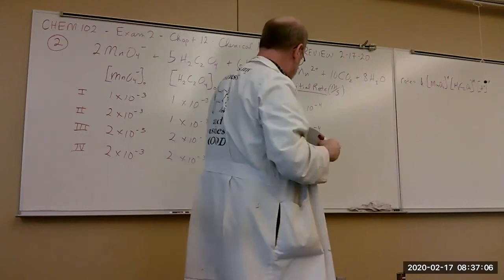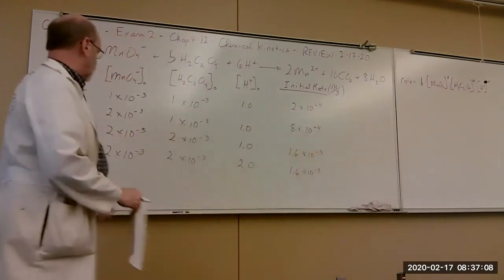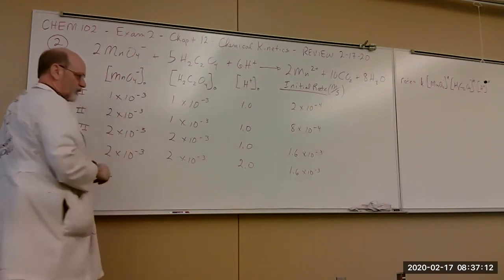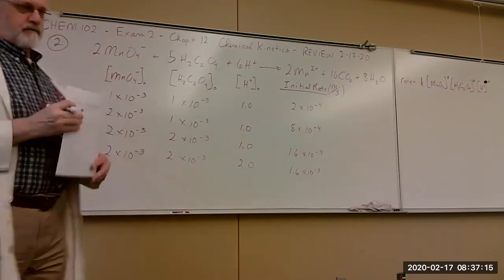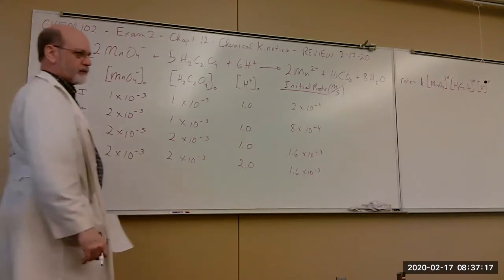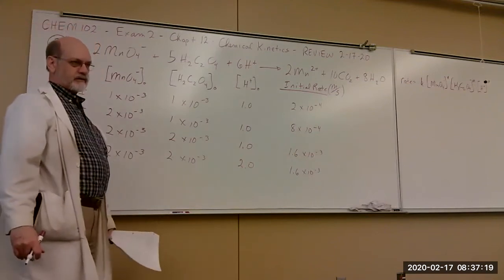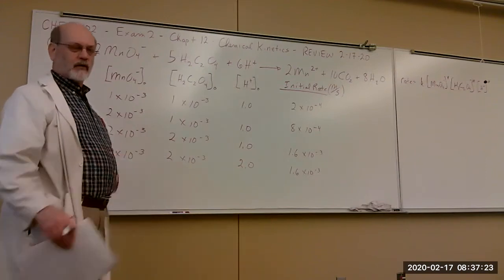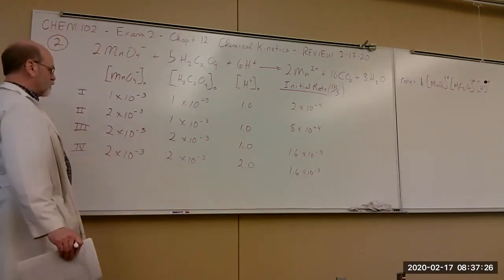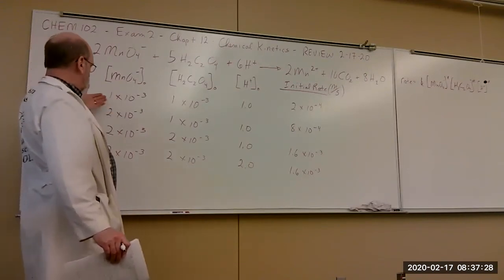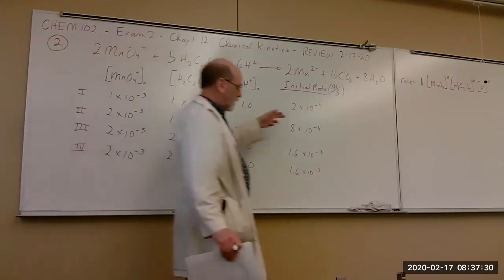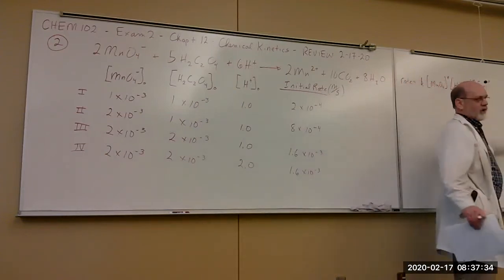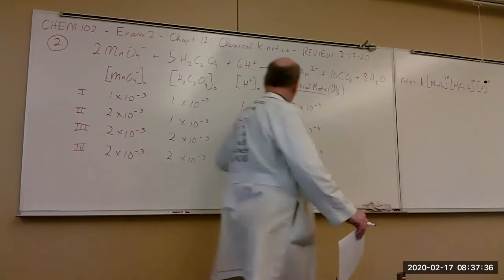Okay, so why do we need so many experiments? The reason is the human brain isn't powerful enough to tease out answers from multi-varying experiments. What I mean by that is, if we just do one experiment, you've got these values in there, and they're present over here, but there's no way to tell what these orders are based on that information, right?